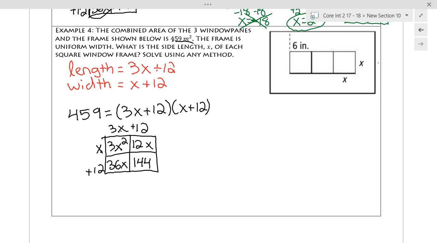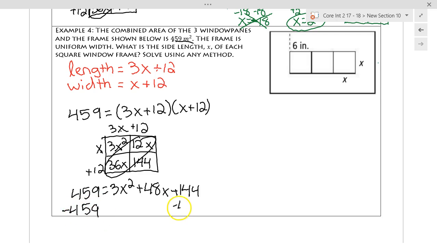So then I have 459 equals 3x squared, again, plus 48x plus 144. I'm going to subtract 459 from both sides. And I get 0 equals 3x squared plus 48x. 144 minus 459 is negative 315.